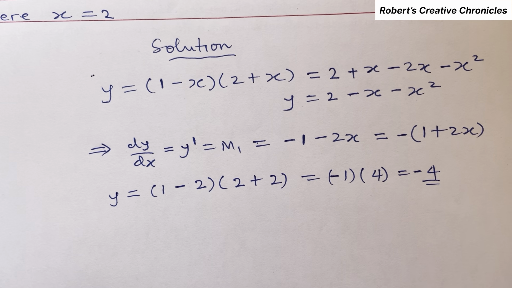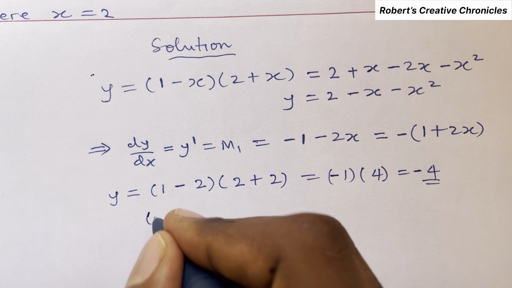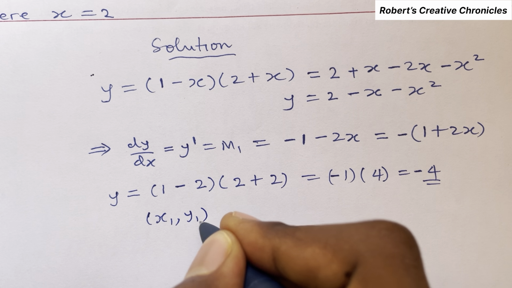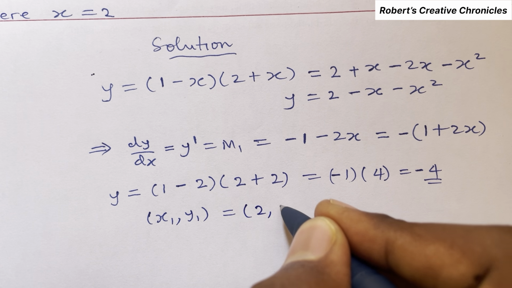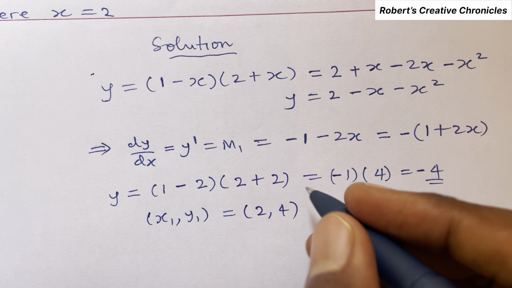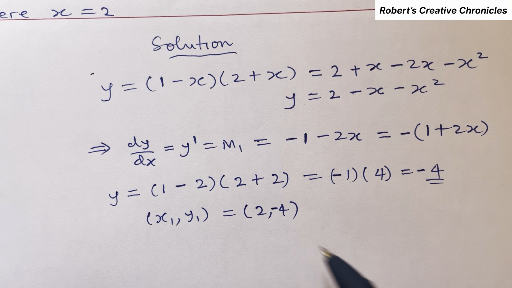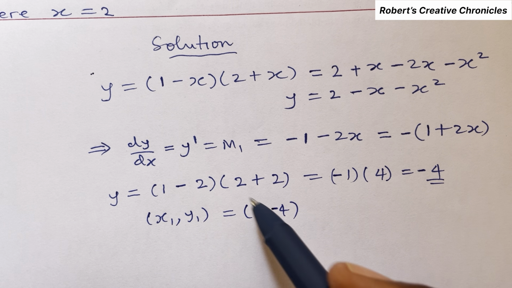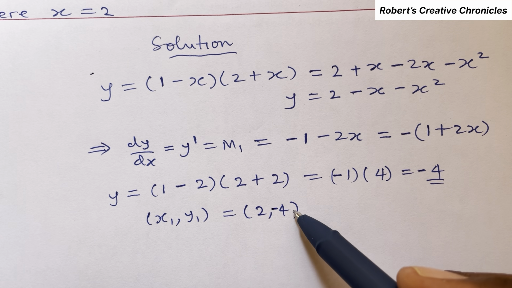So the point we are going to be working with is x1, y1 is equals to what? Okay, it's negative here, so it's (2, negative 4). This is the point we are going to work with.